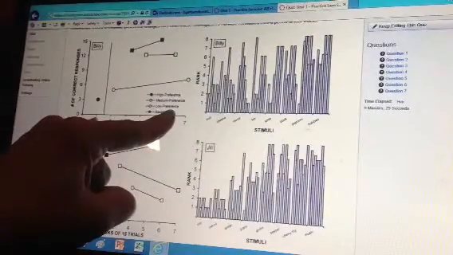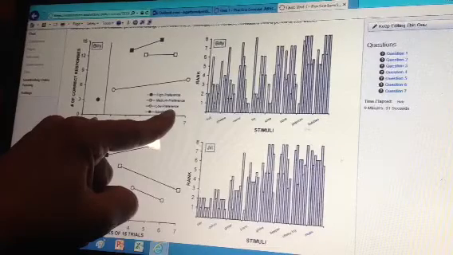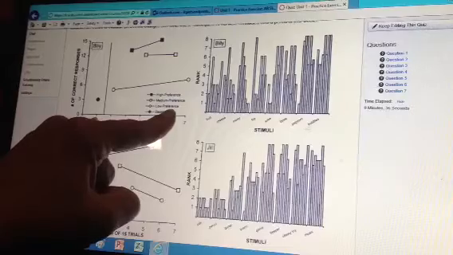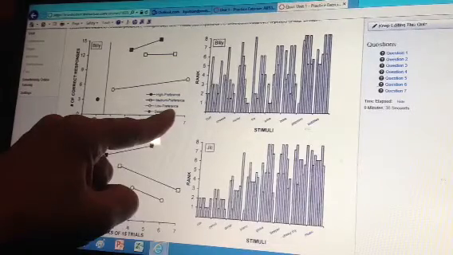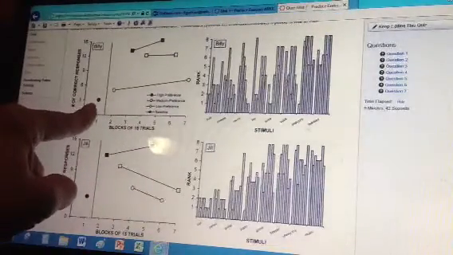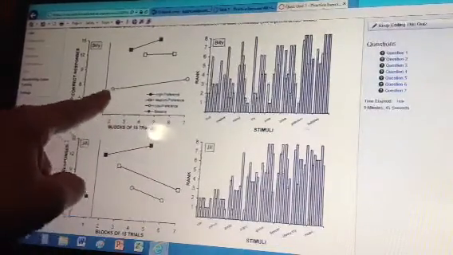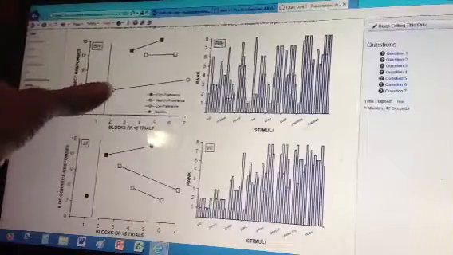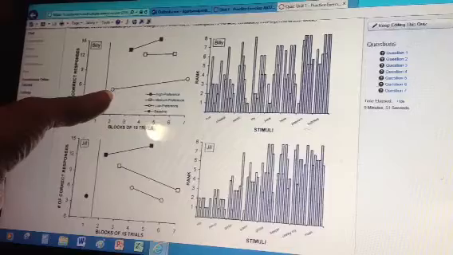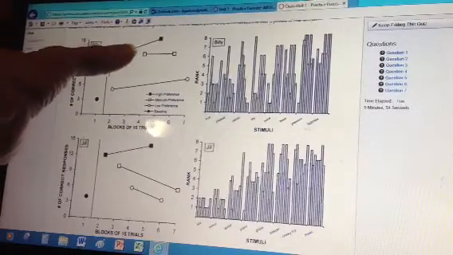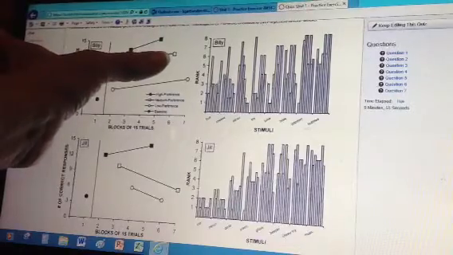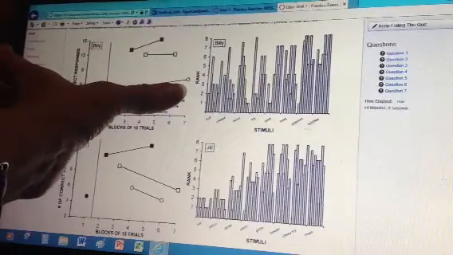Then they worked with the client on an activity, a goal that they were currently working on, that they were currently in the acquiring stage with, and they got a baseline. And then they tried to reinforce those correct responses with an item that was low preference, high preference, medium preference, high preference, medium preference, low preference.